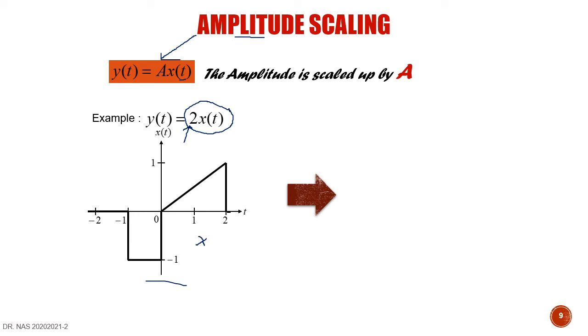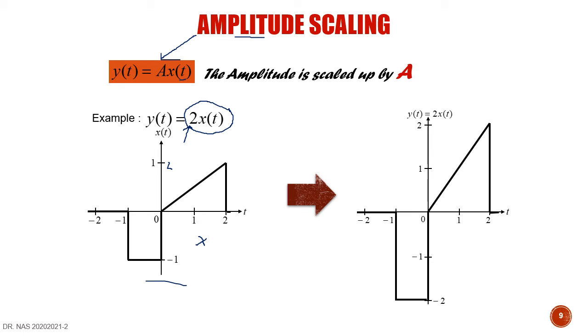So 1 becomes 2, and negative 1 becomes negative 2, but there's no change for t. So now the signal is scaled up in amplitude only. There's no change on t.